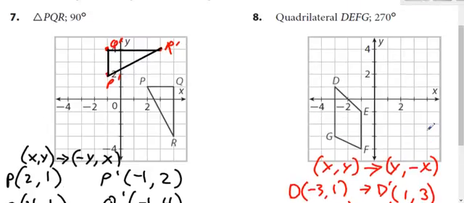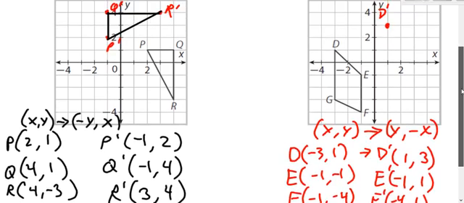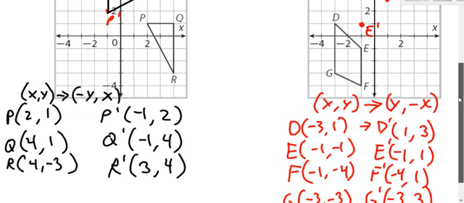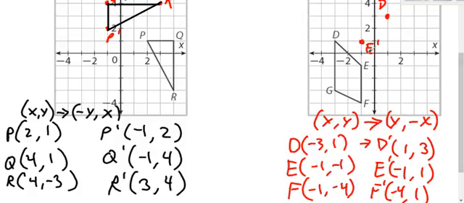So D prime is at 1, 3. E prime is negative 1, 1. F prime is negative 4, 1.